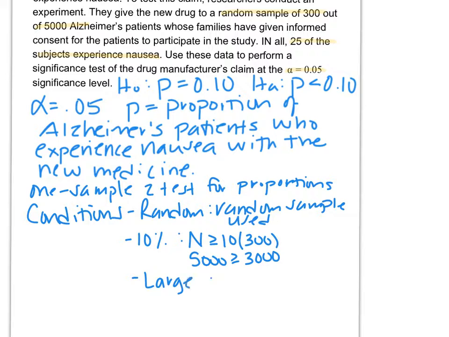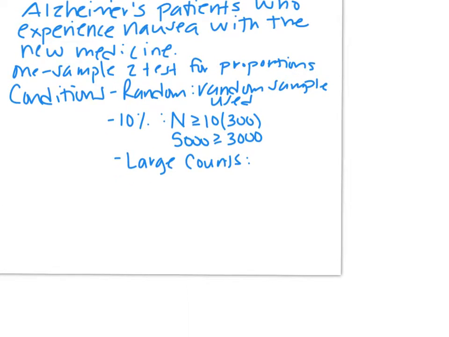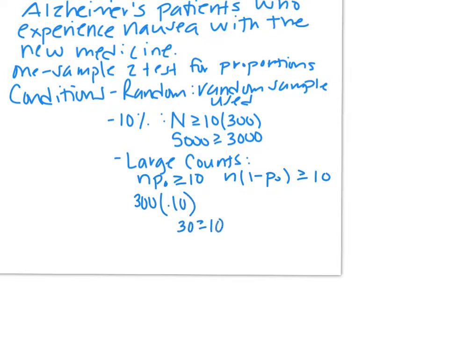And then finally, we'll check our large counts. We're going to check n times p sub 0 greater than or equal to 10, and n times 1 minus p sub 0. All right, so this is my sample size of 300 times 0.10, which is 30, greater than or equal to 10, good. And this is 300 times 0.90, so that's 270, which of course is greater than or equal to 10.